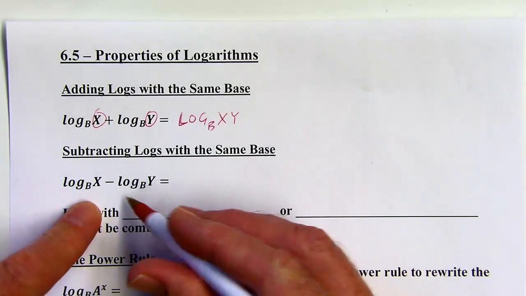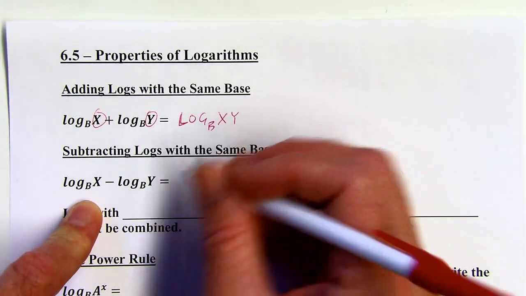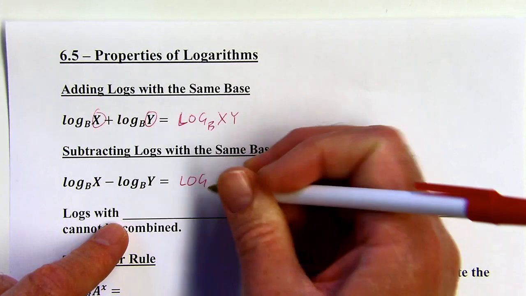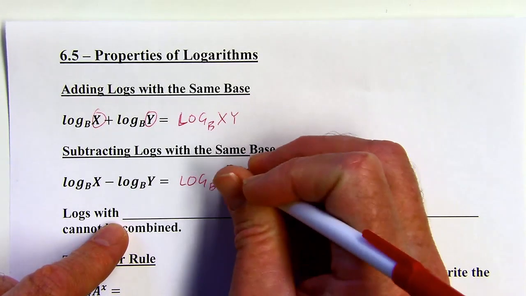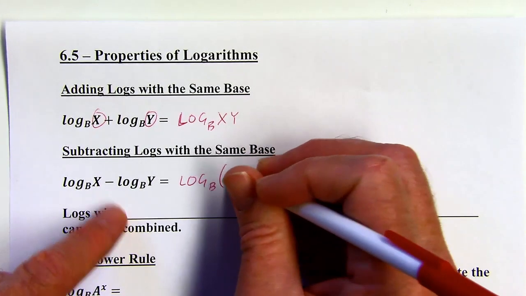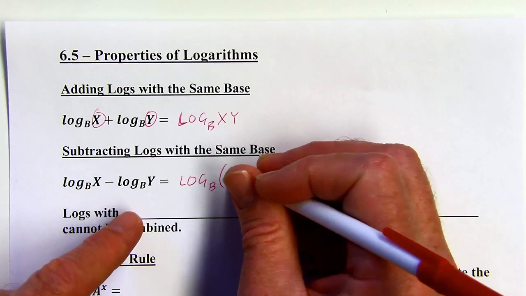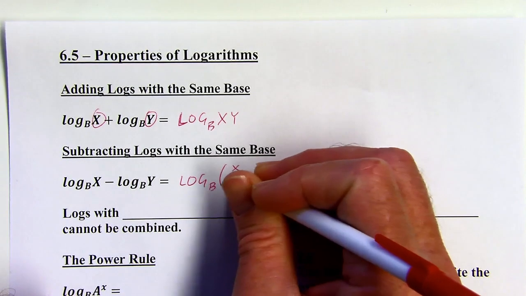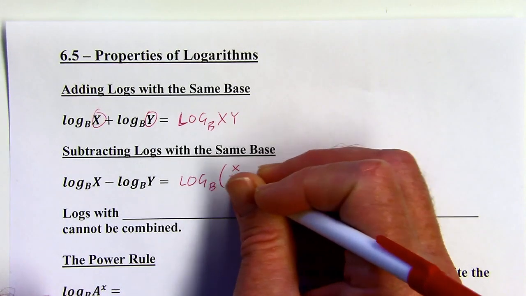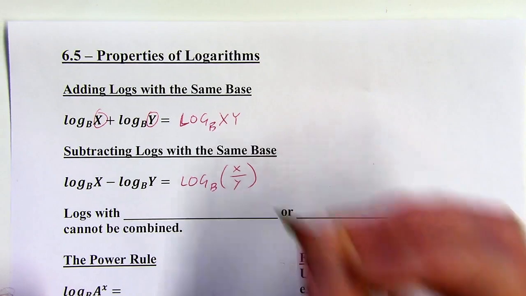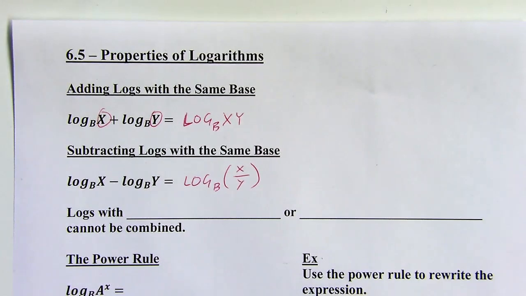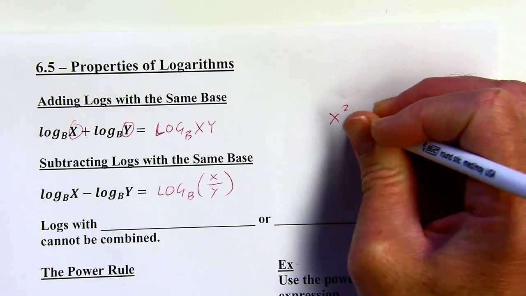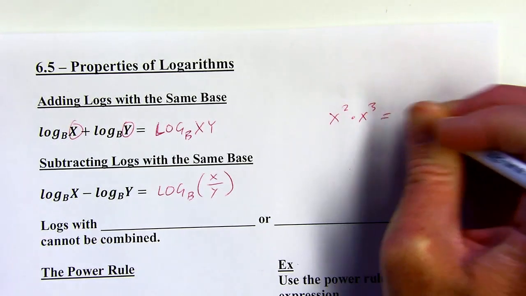And if we're subtracting two logs with the same base, then you're going to be dividing the contents. It kind of makes sense because logs, you could rewrite them as expressions with exponents. And if you remember, if we multiply, say, x to the second times x to the third, you would add the exponents together, right?